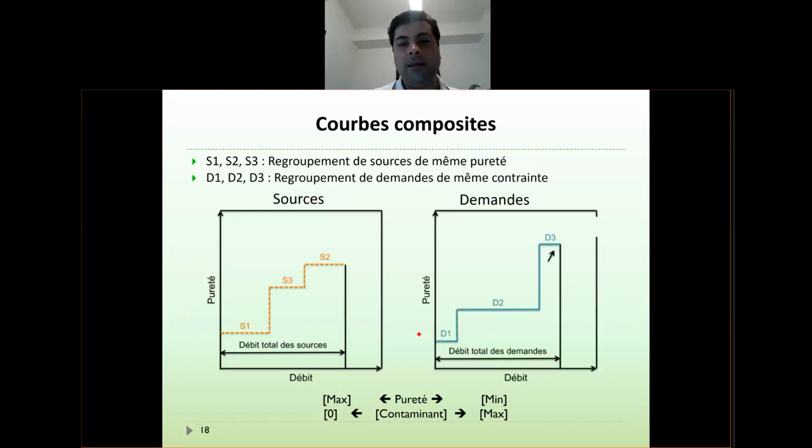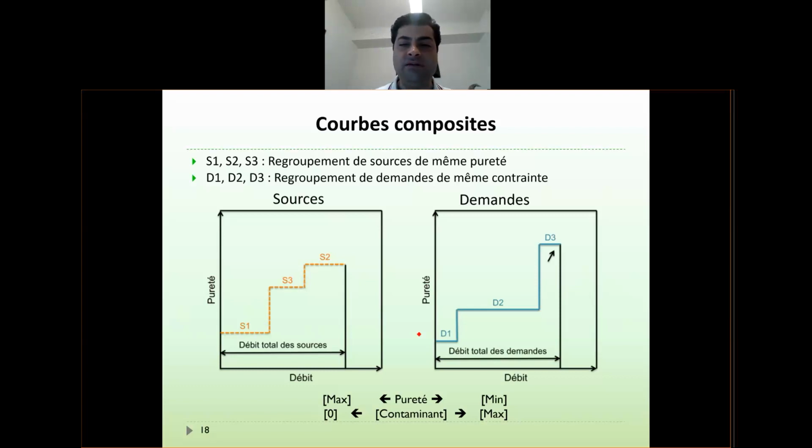And you do the same thing for demanding water. Again, depending on the concentration of the streams, you can combine those water streams that have similar purity or concentration in the purity versus flow rate curve.